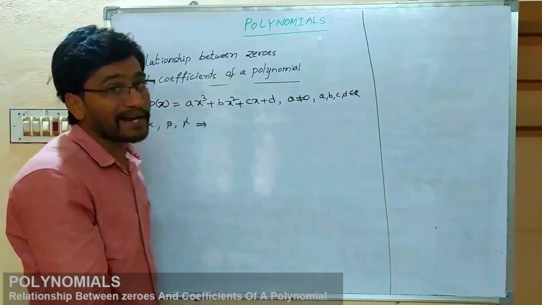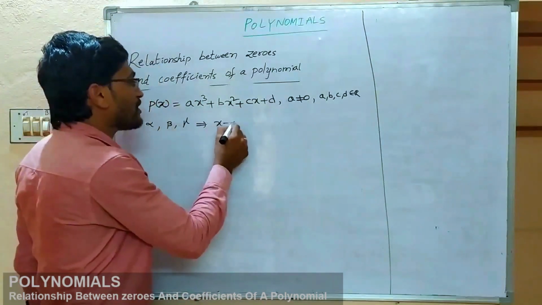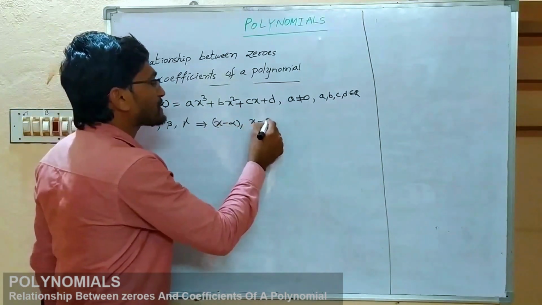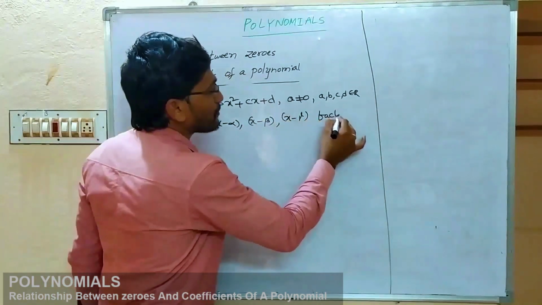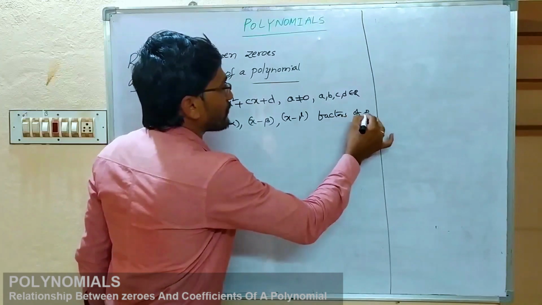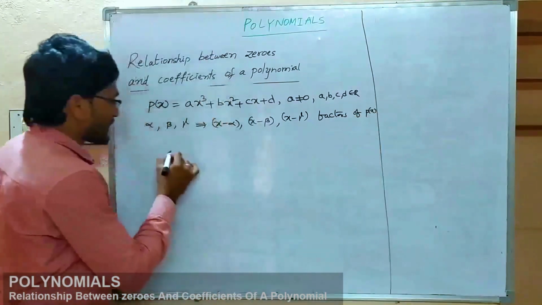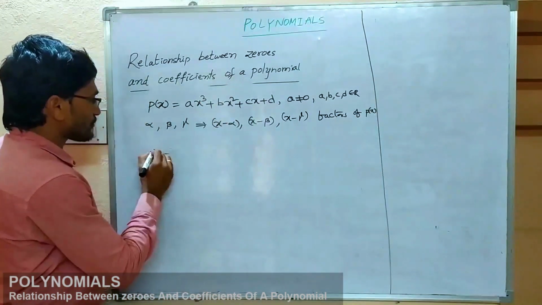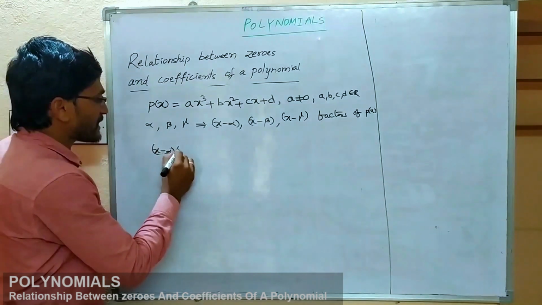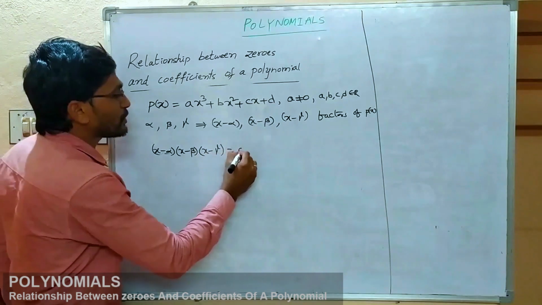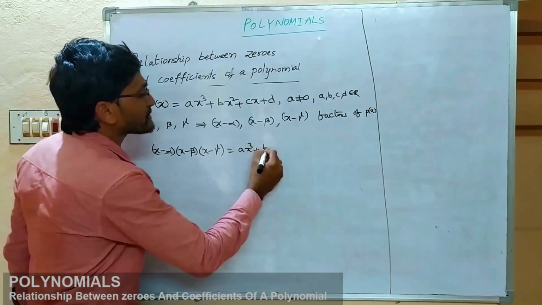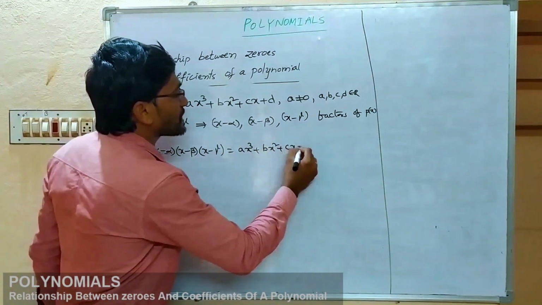Which means, what are the factors? X minus alpha, x minus beta and x minus gamma are the factors of p of x. So from these two we can write x minus alpha into x minus beta into x minus gamma is equal to ax cube plus bx square plus cx plus d.